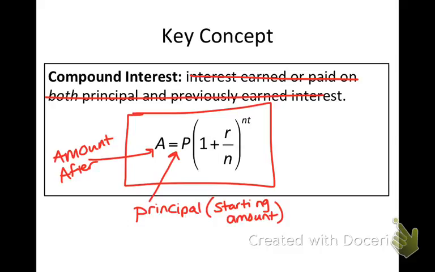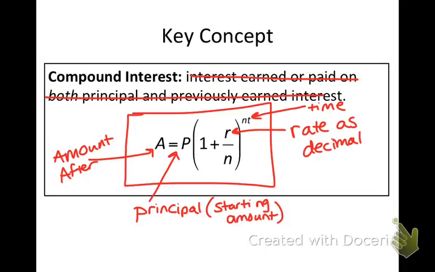What do you think the R stands for? Your rate. Your rate needs to be a decimal. What do you think the T stands for? Time. Good. Then what's with the N? What were we just talking about? Not the nth term.